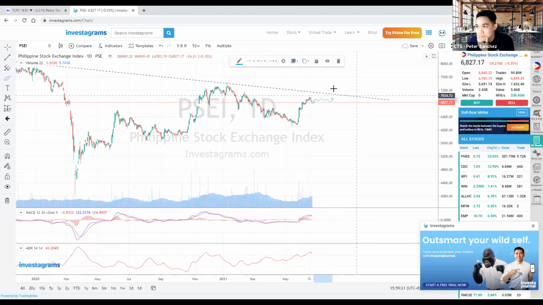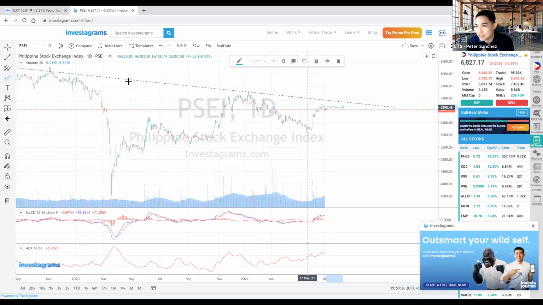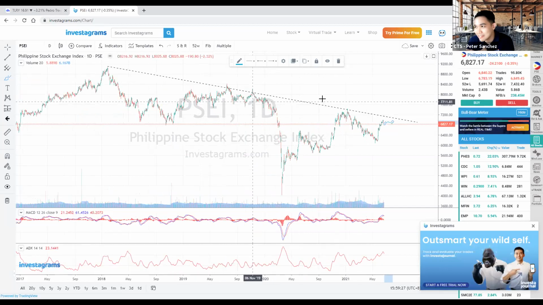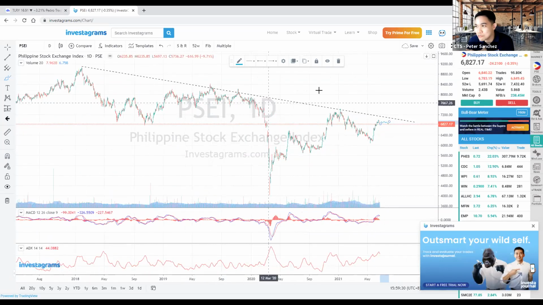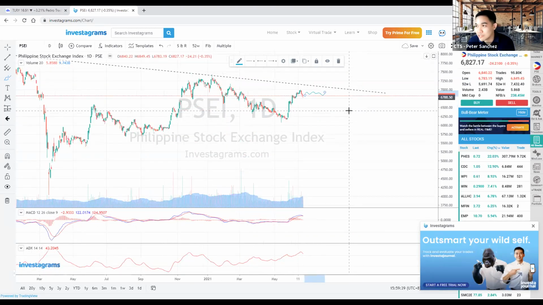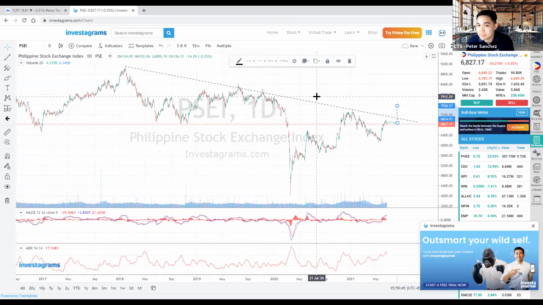Okay? Pero I would expect it will only respect the trend line since historically, nauntog lang siya dyan. So, ngayon nga, kung mauntog lang siya dyan tapos bumaba ulit, I wouldn't be surprised. Di ba? Kasi yun yung expectations eh. But if it breaks out, ibang usapan na yan. No? Okay?